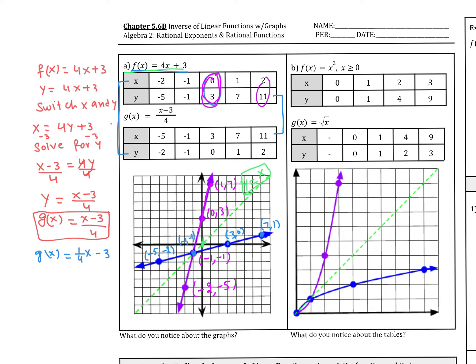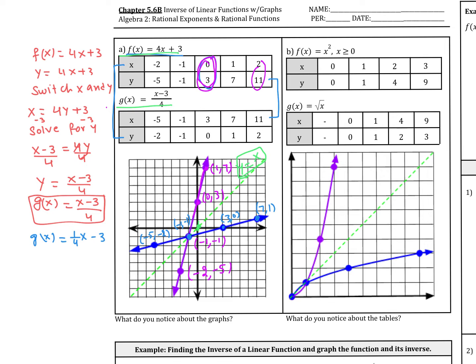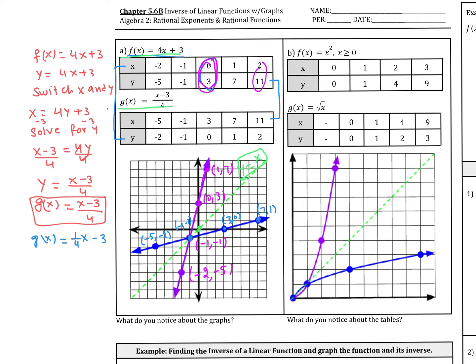These two functions are reflected over this line, y equals x. What do you notice about this graph? That the x and y points are switched, and they're reflected over the y equals x line.